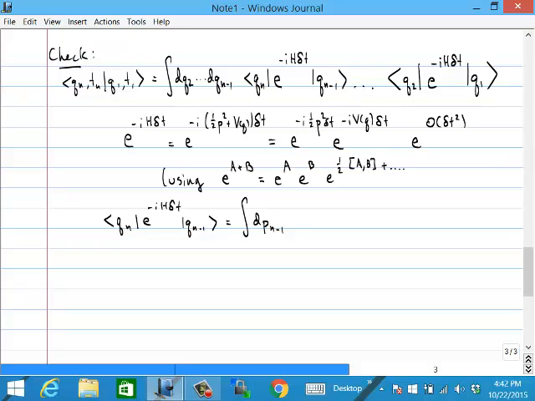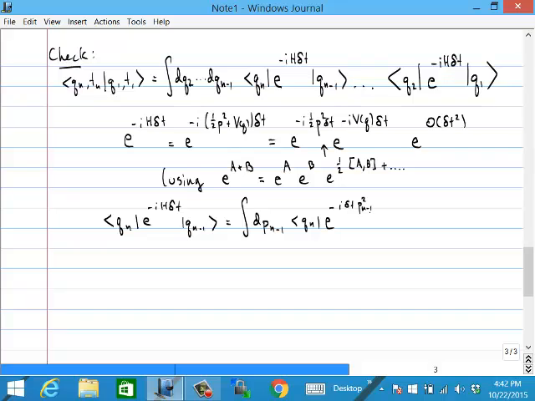I want to insert a complete basis of eigenstates, so a complete set of states. But I'm going to insert a complete set of states in momentum space rather than position space. And I'm going to insert it right here between those two terms, between the p term and the V of q term.